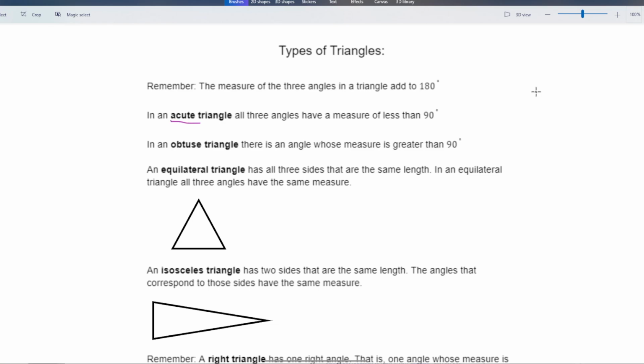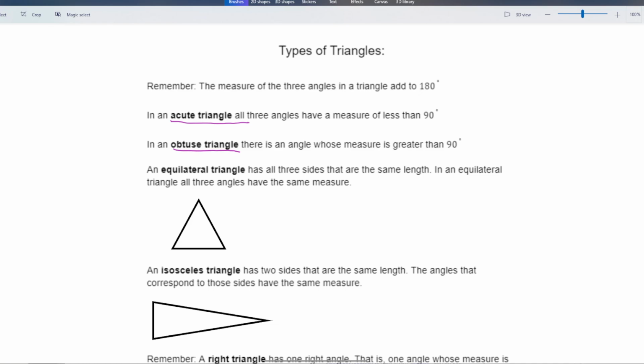So an acute triangle has all three angles less than 90 degrees, but an obtuse triangle has an angle whose measure is greater than 90 degrees. Now, we know that only one angle is going to have a measure greater than 90 degrees just because we know they add to 180. So there's no way to have two that are bigger than 90 and have all three of them add to 180.